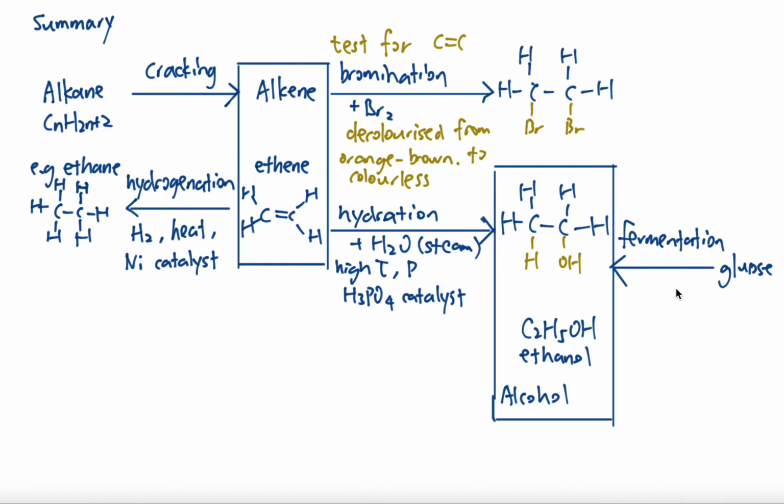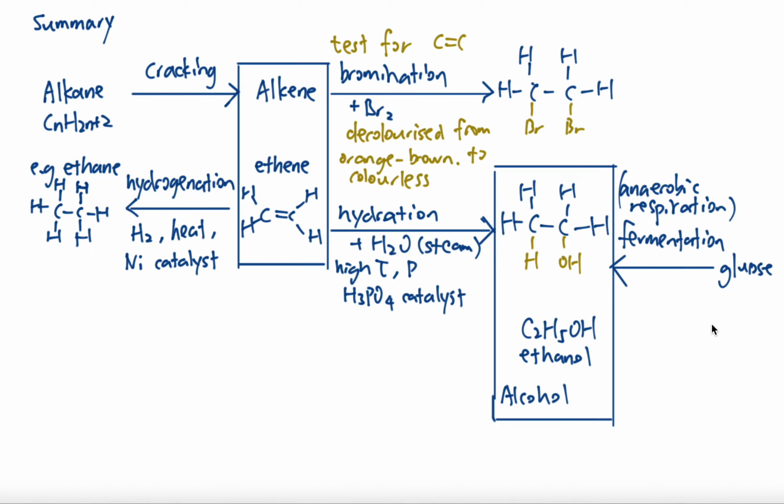From glucose to an alcohol, this is the anaerobic respiration of yeast. It's not the anaerobic respiration of human beings, because after anaerobic respiration we don't produce ethanol, we produce lactic acid instead.